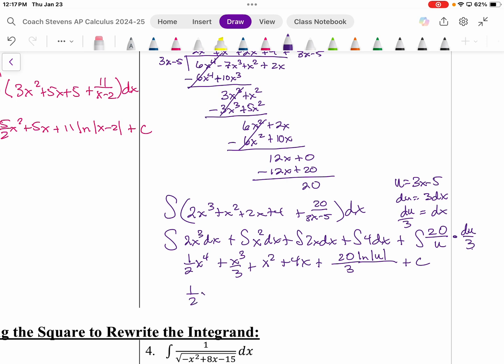So 1/2 x to the 4 plus x cubed over 3 plus x squared plus 4x plus 20 ln of 3x minus 5, all of that over 3, and then plus c.